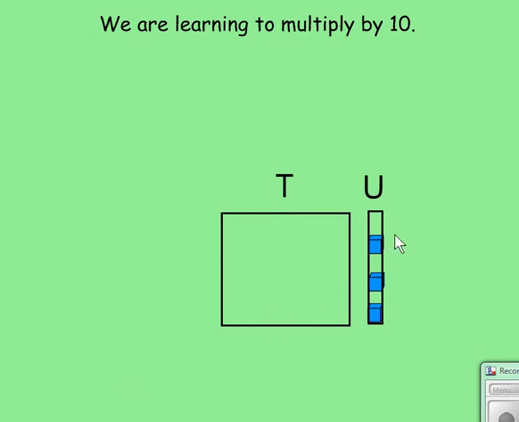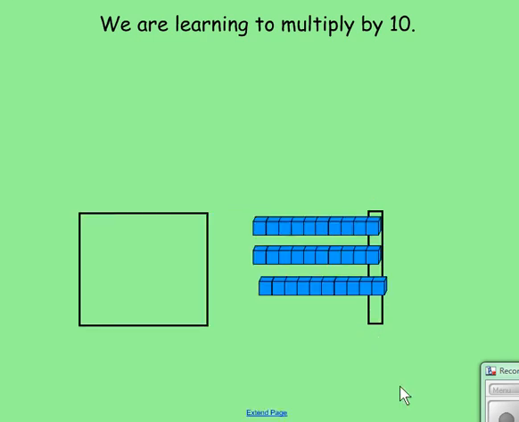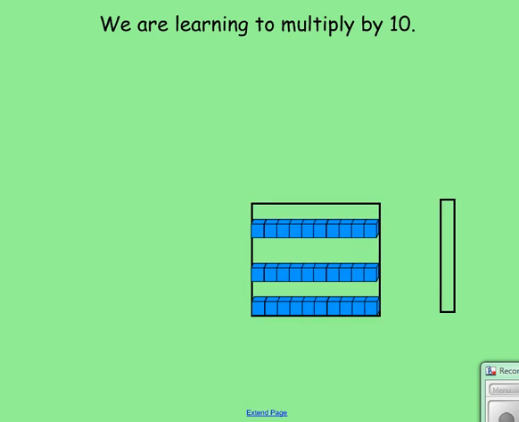Here we've got 3 units in the smallest bedroom, and each of them are going to grow to be 10 times larger. That's what they look like. They can't fit into the units column, so we have to take them across to the tens column.